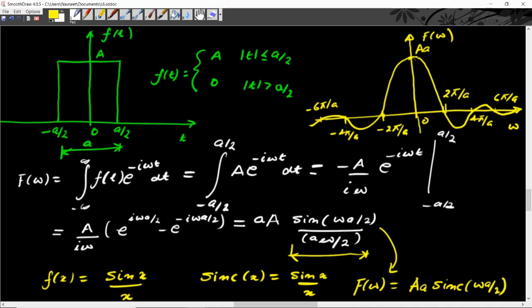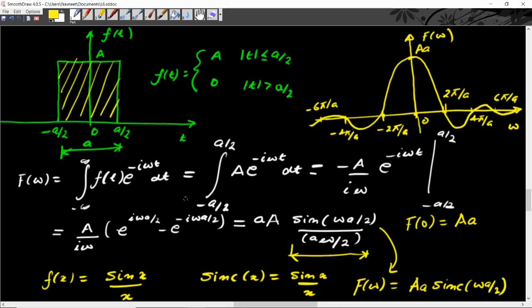The first thing to note is that the value of capital F of omega, that is the Fourier transform of the rectangular pulse at omega equals 0, that is F of 0, is the amplitude times the width. That means this is equal to the area under the curve in time domain.